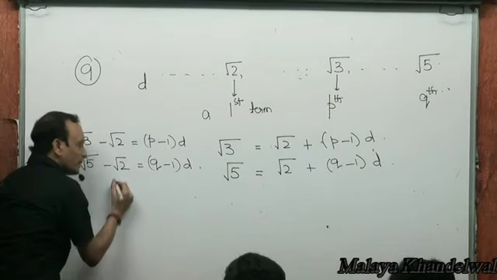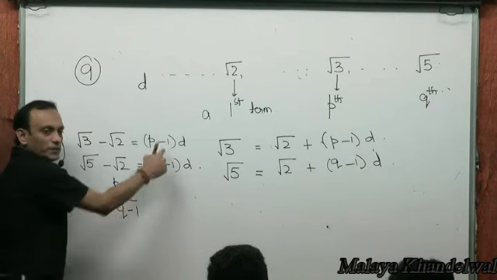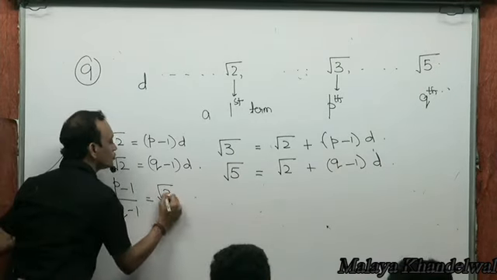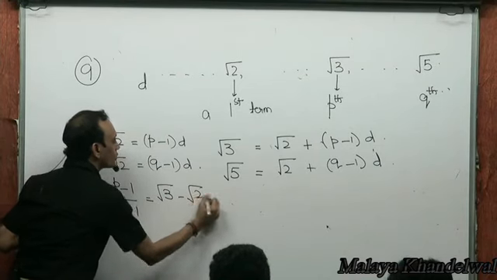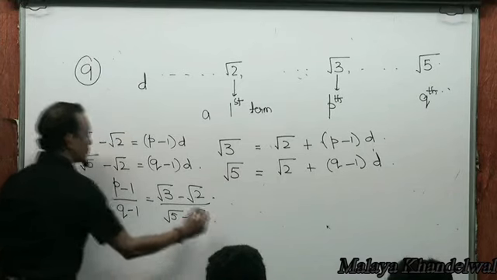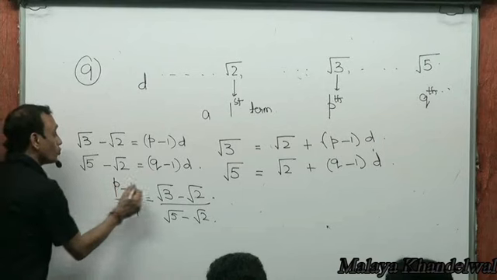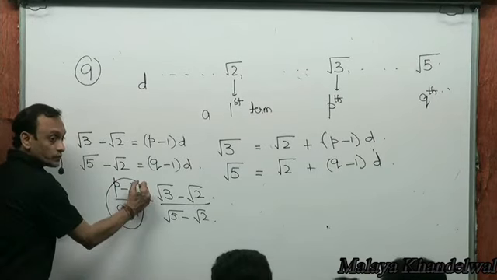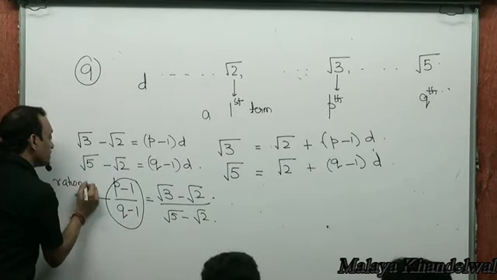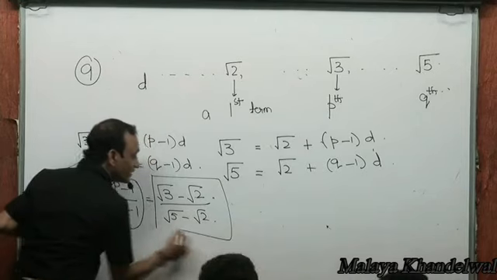So when I divide p minus 1 by q minus 1, that turns out to be root 3 minus root 2 divided by root 5 minus root 2. P and q are integers. So this is a ratio of 2 integers. This therefore has to be a rational number. Left hand side has to be rational, but right hand side is very clearly irrational.